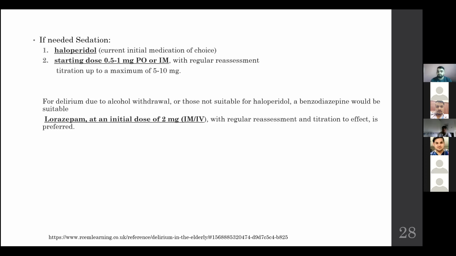The side effects of haloperidol are that it causes extrapyramidal symptoms, and it prolongs the QT interval in the ECG. So we should avoid it in Parkinsonism and delirium tremens, and we should do continuous ECG monitoring before prescribing this medication.